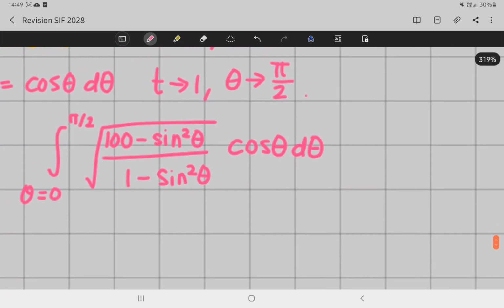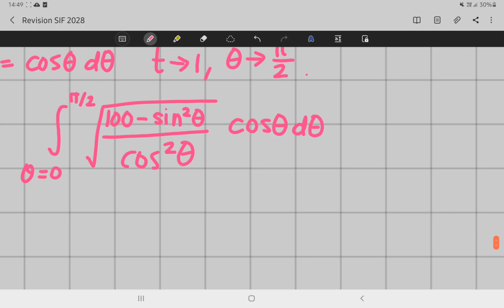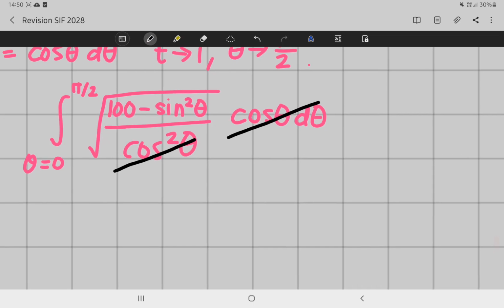So we know that 1 minus sine square theta becomes cosine square theta. So the square root of cosine square theta becomes cosine theta, and cosine theta will cancel with this.